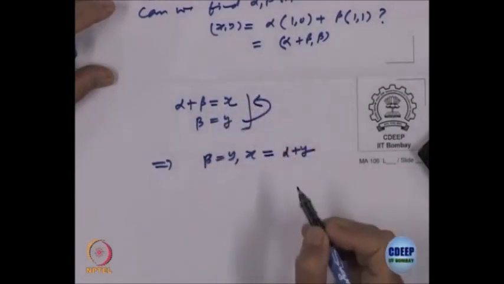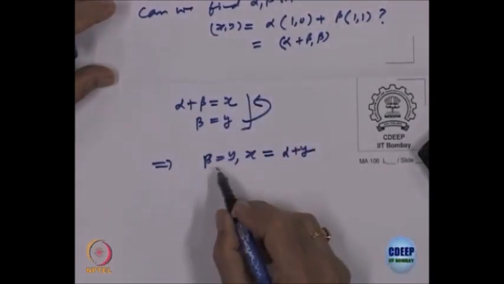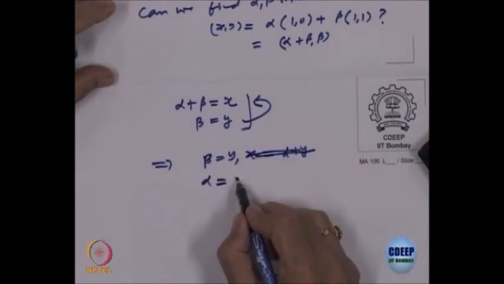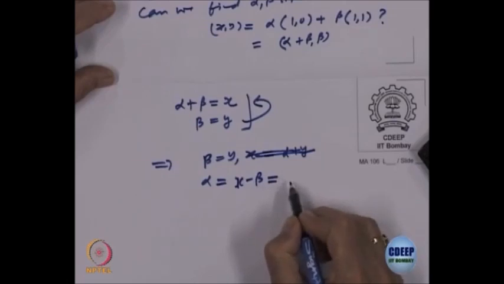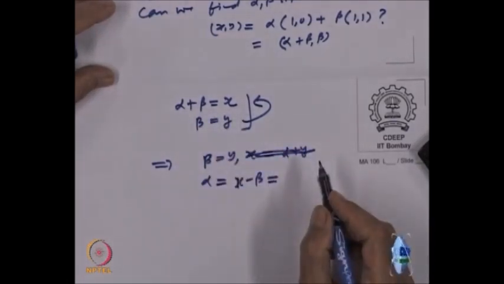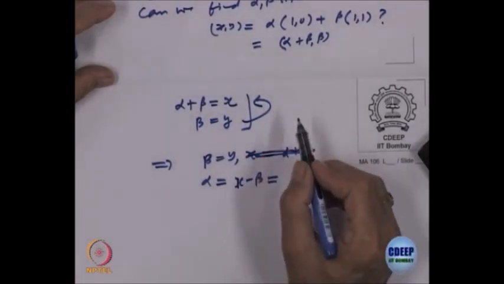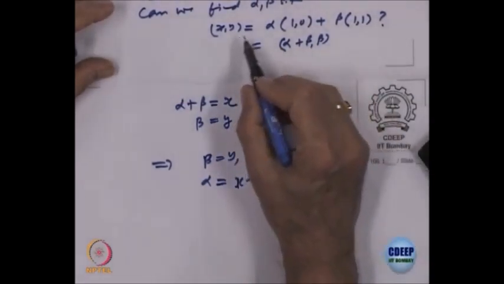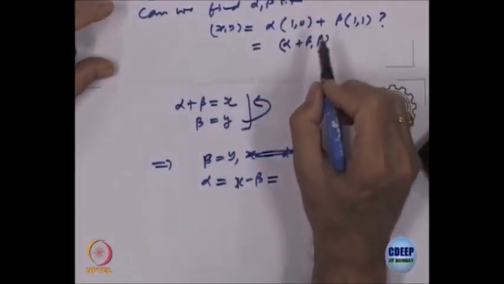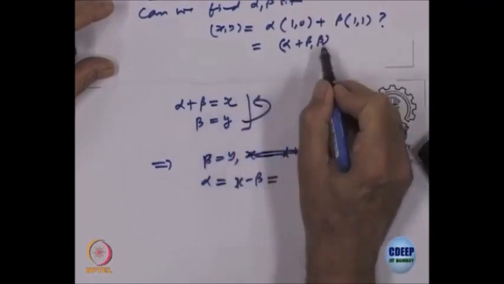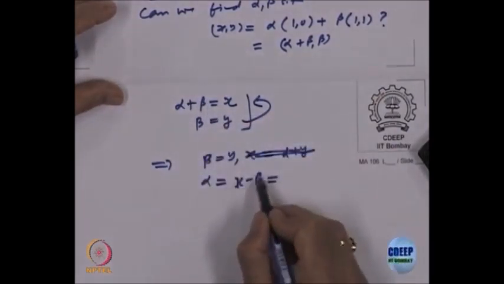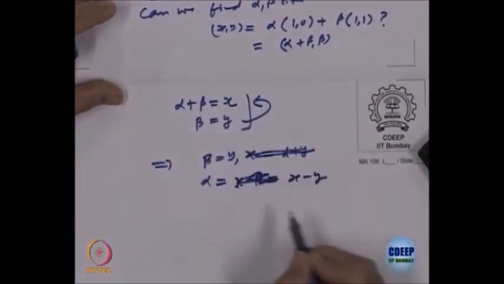So alpha is equal to x minus beta, that is, x minus y.